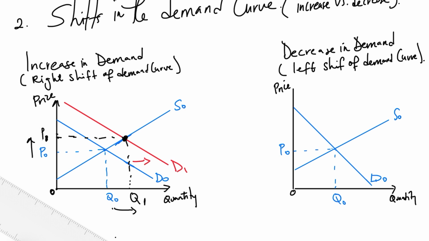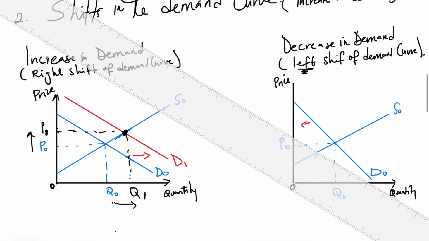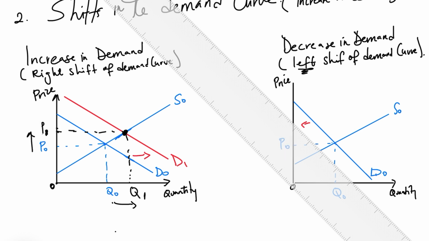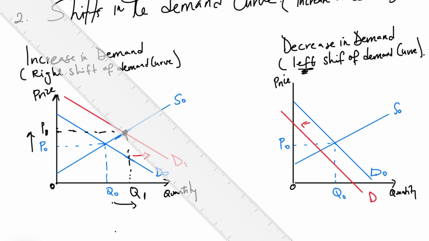Okay. What about a decrease in the demand? A decrease in the demand, well, the demand curve will shift to the left, right? So demand shifting to the left is going to look like so. And if we draw a line parallel to D0, we're going to get something like this.